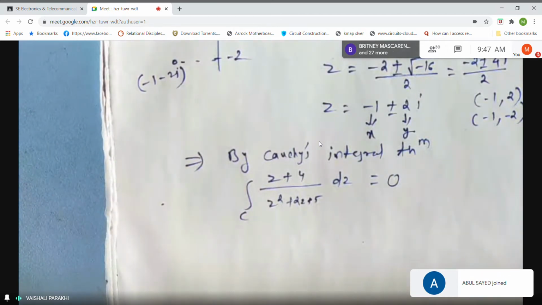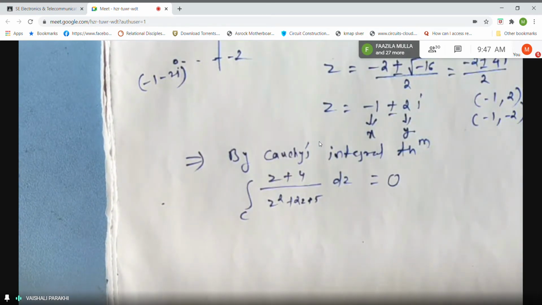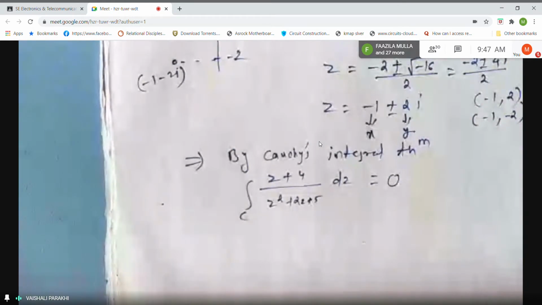If those points are not lying inside the curve, sometimes the curve will be a circle, sometimes a square, rectangle, any shape, if all the poles are outside that particular curve, then the value of the integral is 0, in short. Okay.